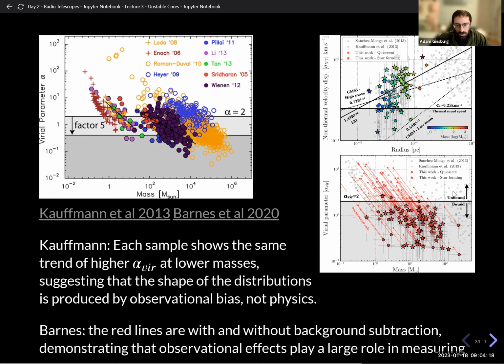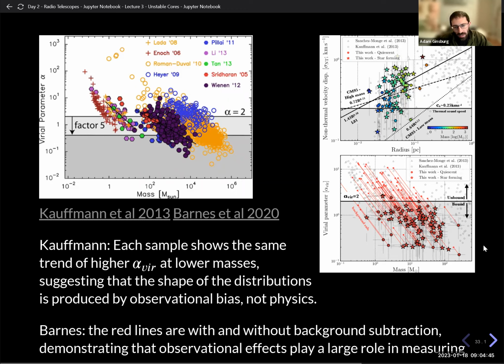The Barnes observations over here show a different observational problem, where these red points that are attached by a line are showing what happens if you calculate the virial mass by looking at one object versus subtracting off the background around it.